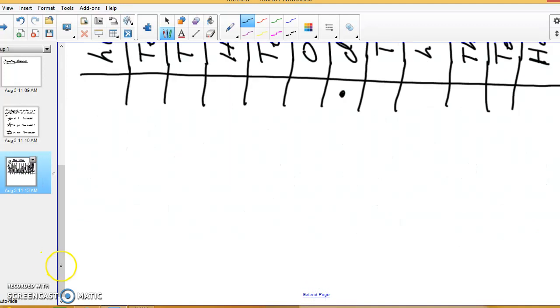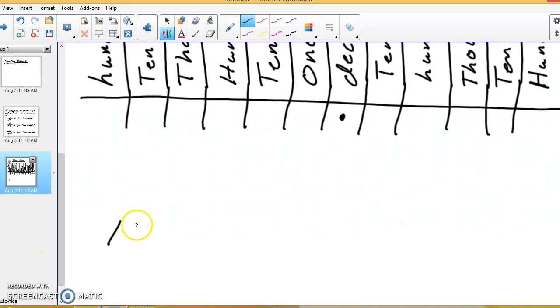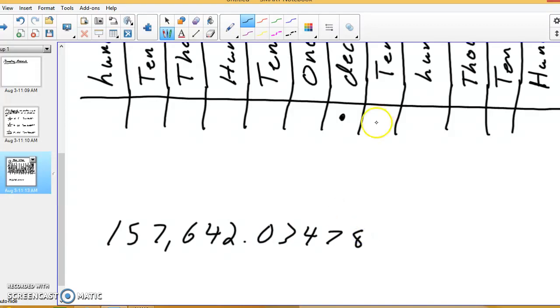So let's say we have a number that looks like this: 157,642.03478. Say you have a number this large with this many decimals on it. Let's go through and identify what digit is in each place value.